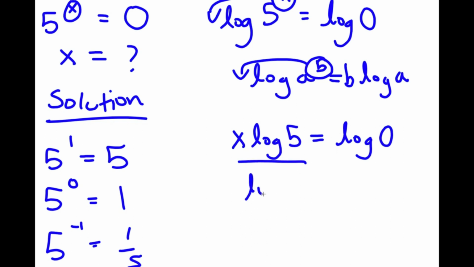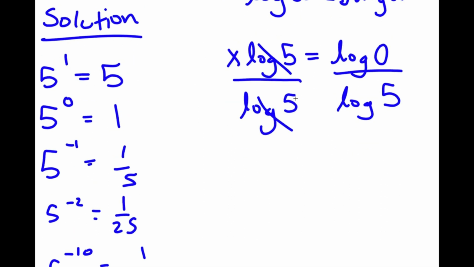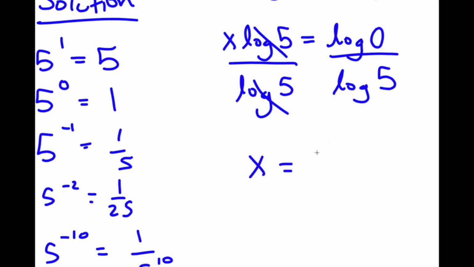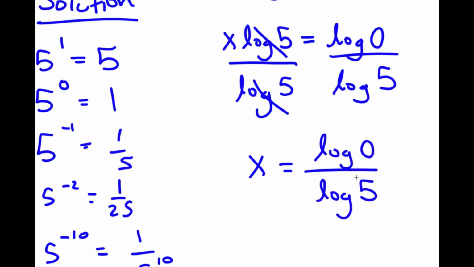Now, if I divide both sides by log 5, these two cancel out, and I get x is equal to log 0 over log 5.